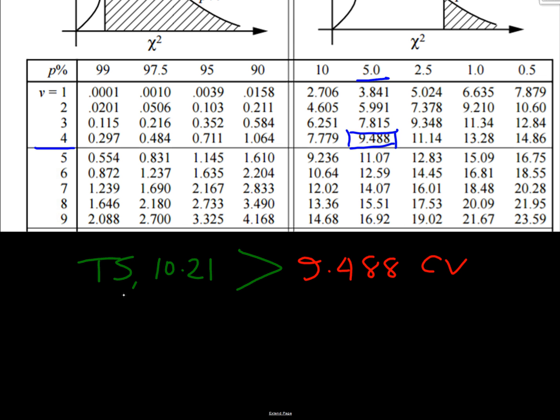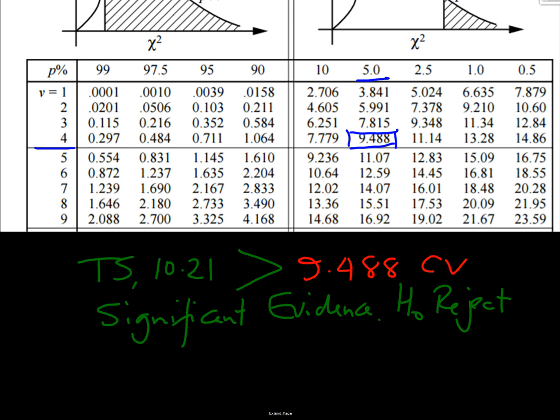So what's my conclusion? I'm going significant evidence. H0 reject.